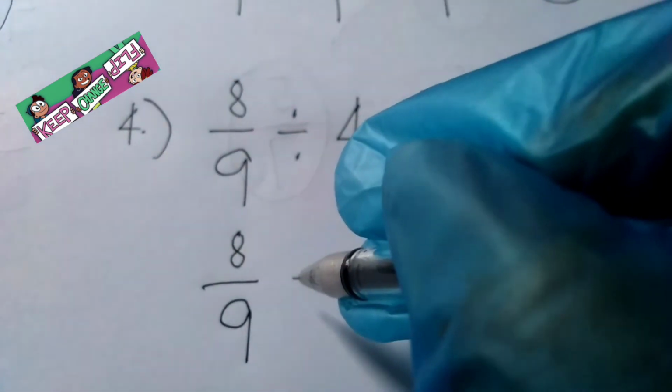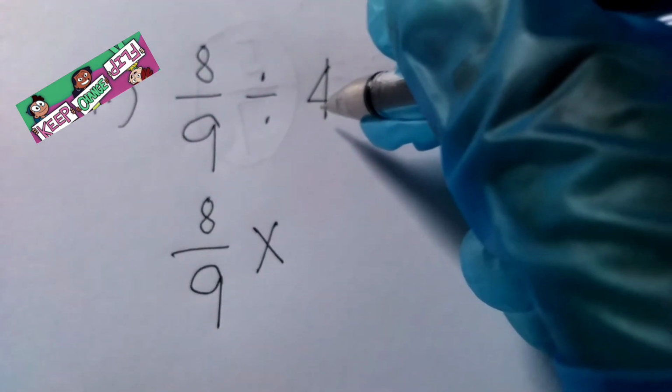So keep 8 over 9, then change the division operation into multiplication. Then get the reciprocal of 4. Since it has the denominator of 1, it becomes 1 over 4 as its reciprocal.